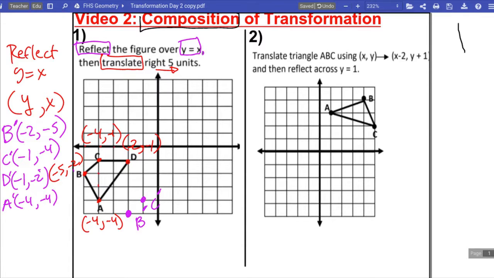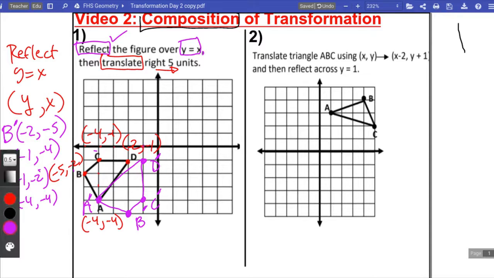Next, -1, -2, that will be D prime. A prime, -4, -4, 1, 2, 3, 4 right here. That will be A prime. First picture done. Reflection, check.